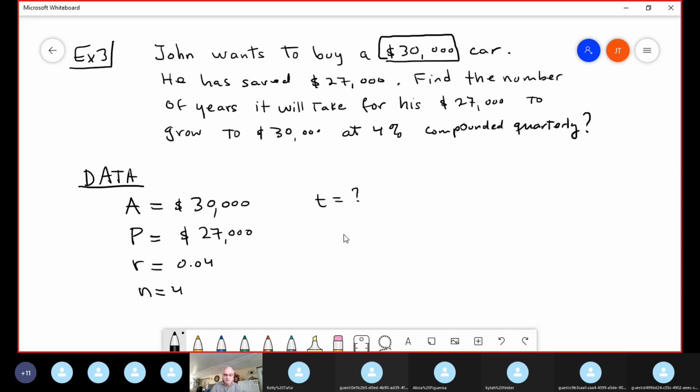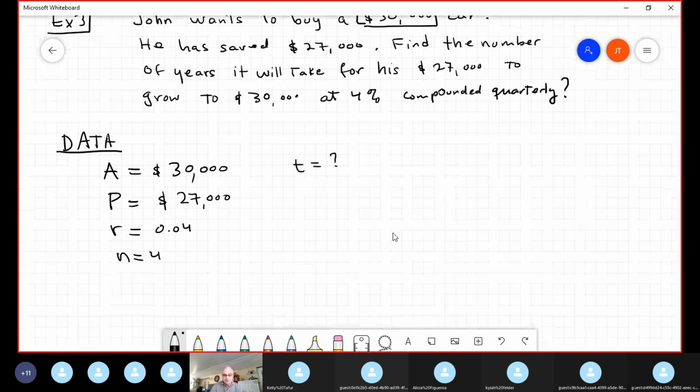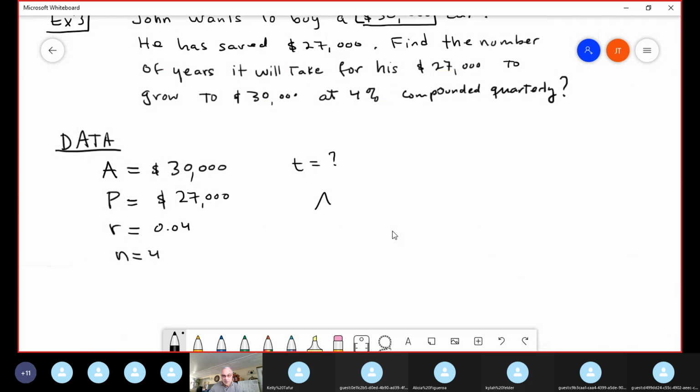Okay, I go to my favorite formula. The future value is equal to the present value times 1 plus r over n, raised to nt. The future value is 30,000.